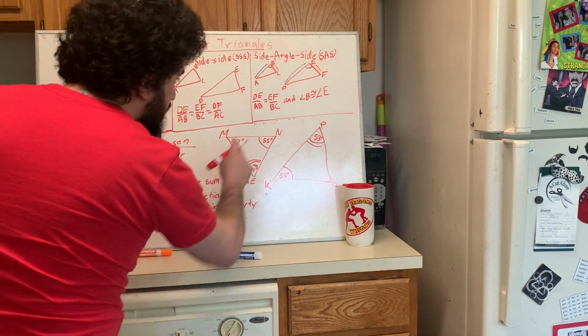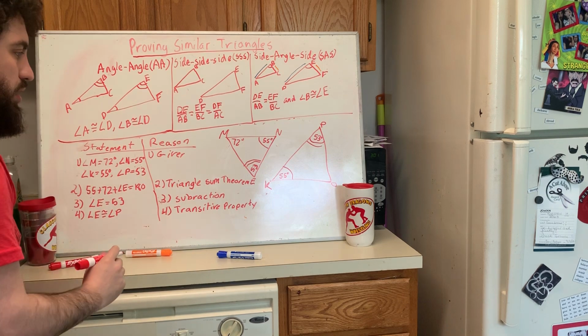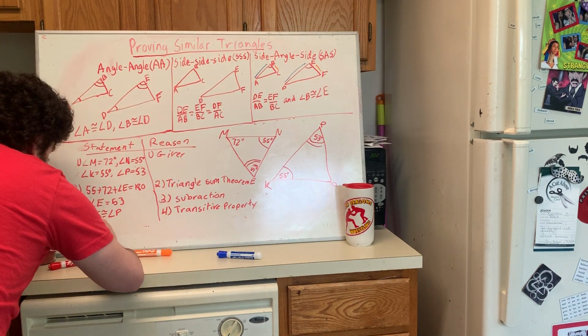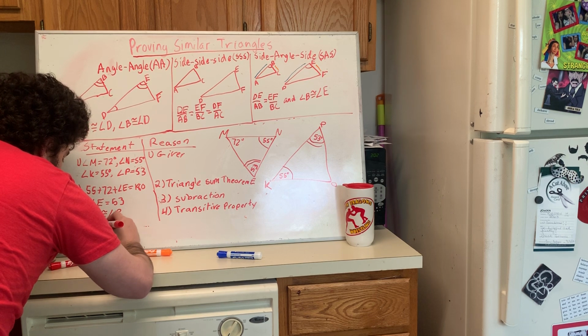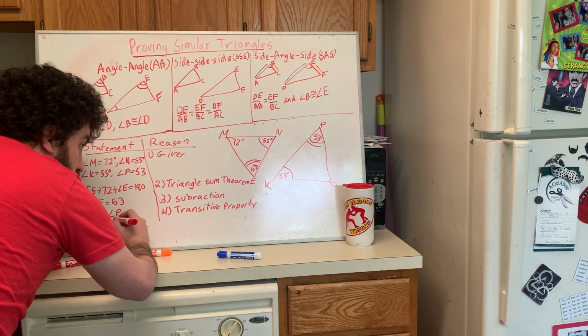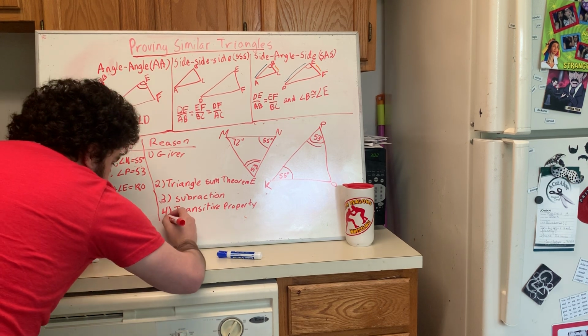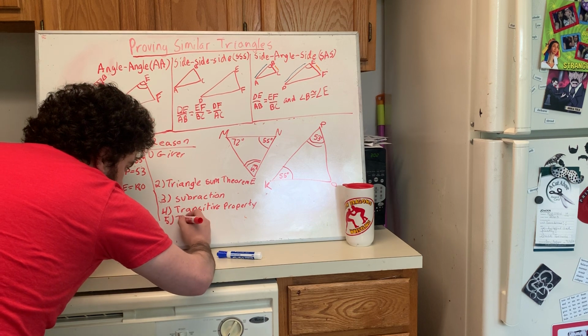And then I can also say the same thing about N and K. Angle N is congruent to angle K, again through the transitive property.